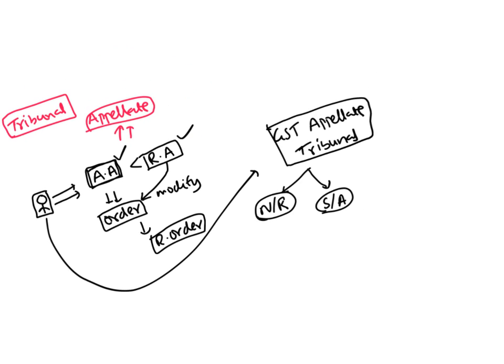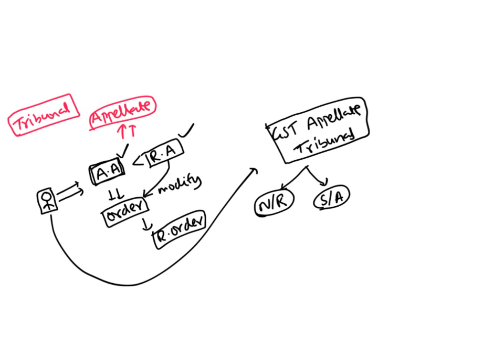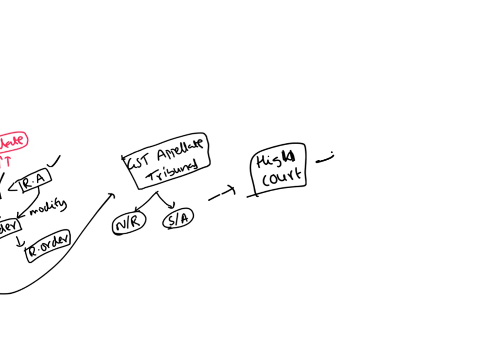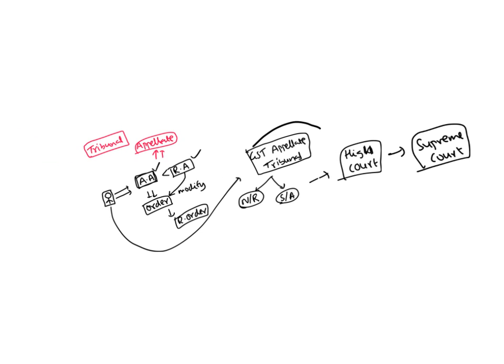If you are still not happy with the appellate tribunal's judgment, you can then go to the High Court. The High Court is the next court of appeal. If you are still not happy with the High Court, you can finally approach the Supreme Court. This is what GST law says. Unfortunately, these GST appellate tribunals have not been constituted even today.